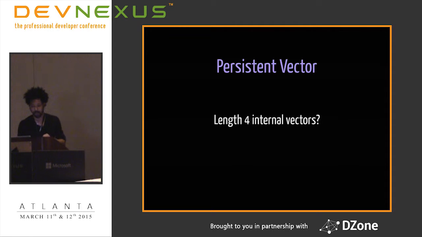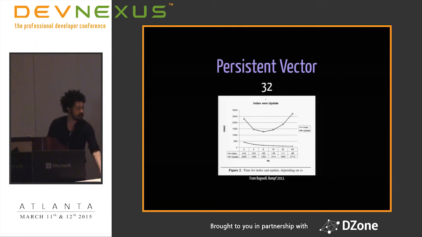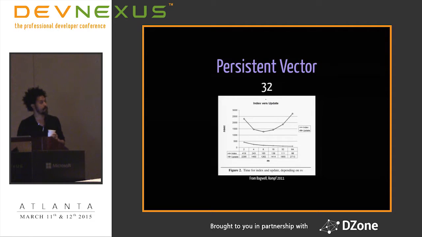After a bunch of empirical tests, both Clojure and Scala have come to the conclusion that on the JVM at least, picking arrays of dimension 32 is the best. It's the best in terms of a trade-off between lookup time and update time.